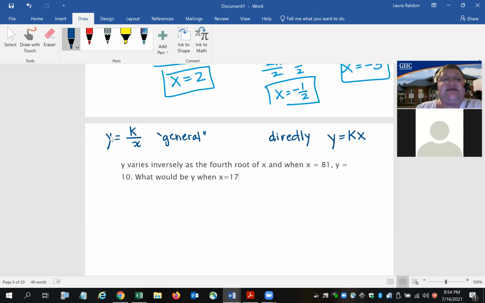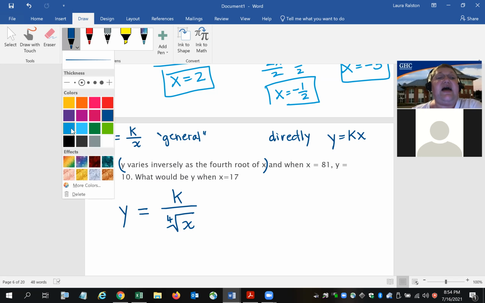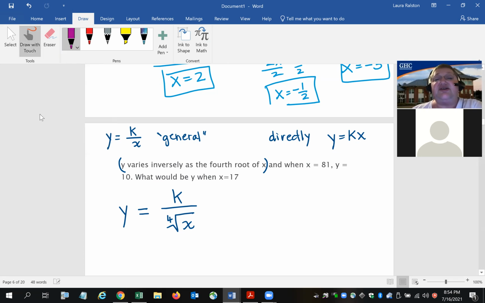But the sentence gives you the formula for this particular problem. It says y varies inversely as the 4th root of x. So that's your formula. And then they give you some values to plug and chug.